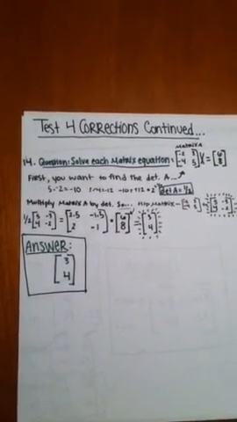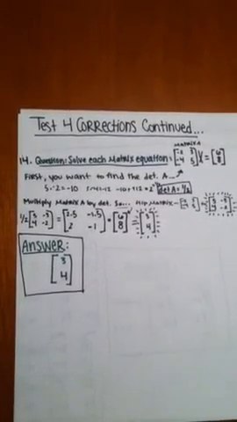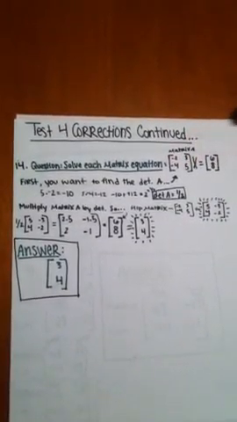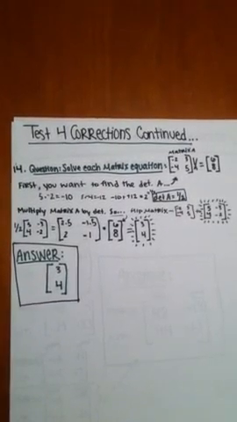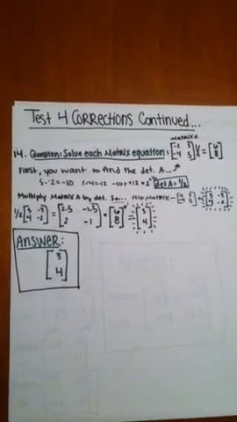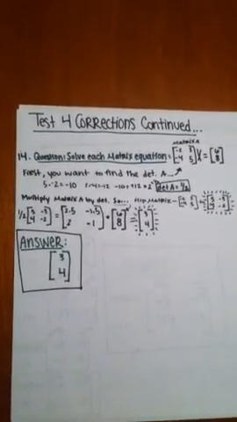First, we want to find the determinant of A. To do that, you cross multiply and then subtract. So you do -2 times 5, -10, -4 times 3, -12, -10 minus a -12, so -10 plus 12 is equal to 2. Then it's 1 over 2.